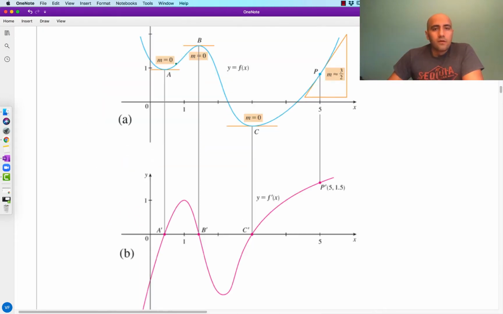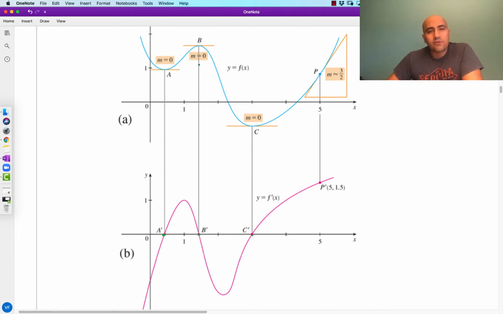Okay, so as I tried to point out, we have all the places where the tangent line is 0. That's going to be these 3 spots. If I try and graph the derivative, then that means that the slope of the line tangent will be 0. That means that it crosses the 0 axis at these 3 points. Okay?